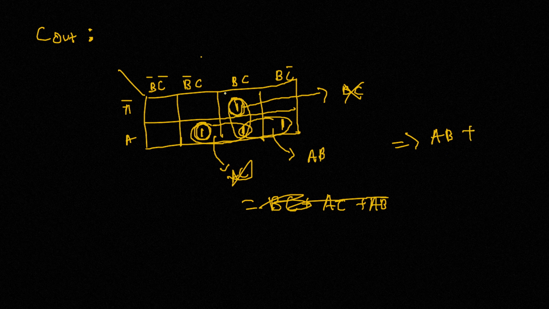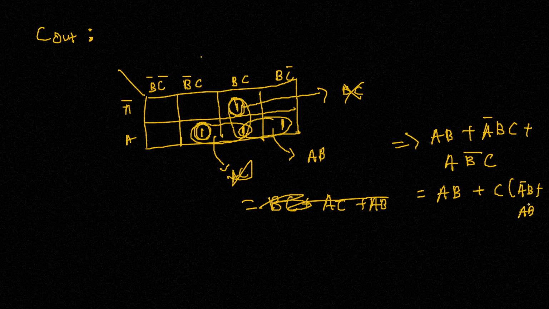So you have AB plus, this is A complement BC, and this one is A B complement C. So now we have AB plus C. We take C common, we get A complement B plus AB complement. Right. So this gives us AB plus C, and A complement B plus AB complement gives us A XOR B.